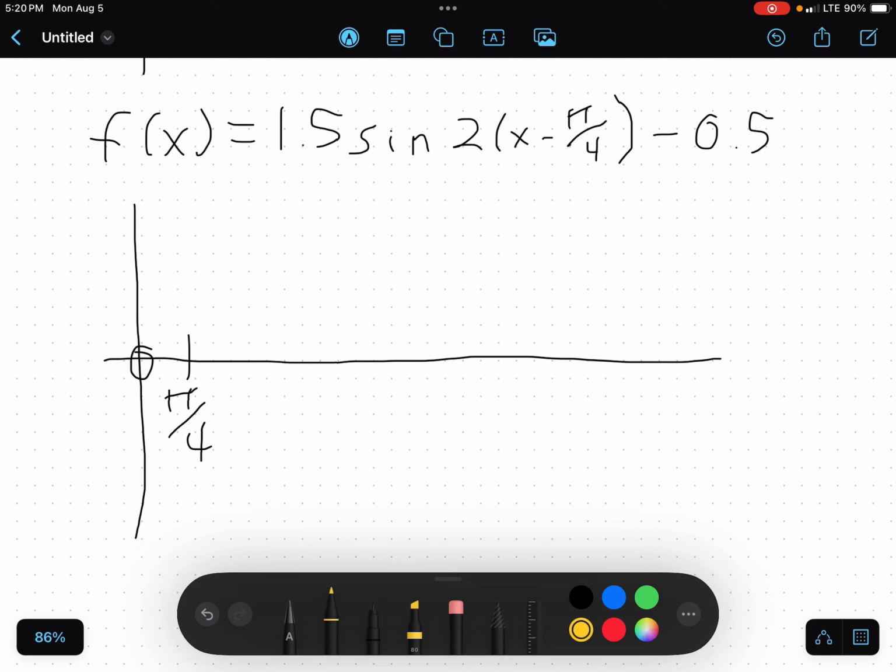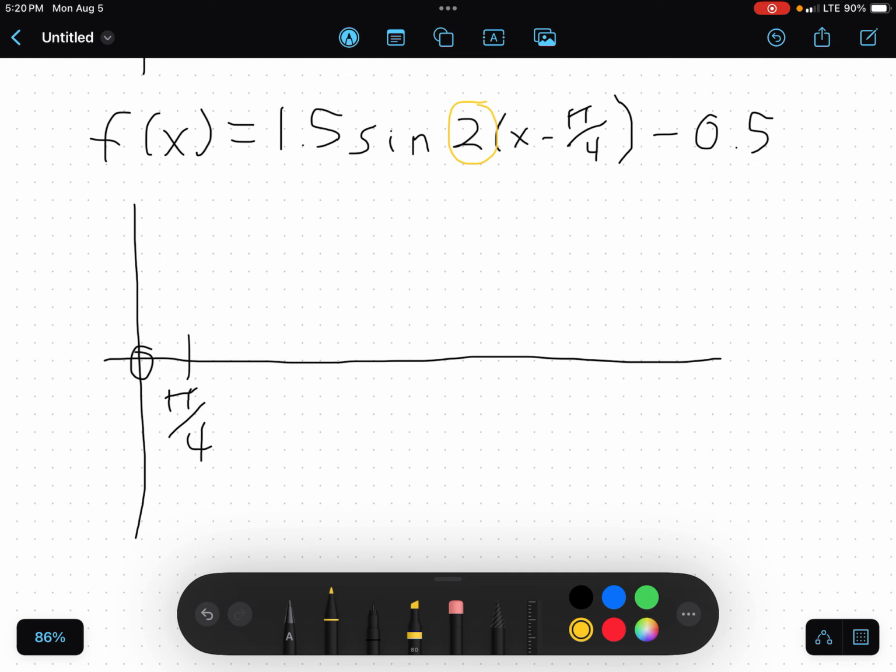The other part of this is our frequency. One good way of looking at this is how many times this sine wave appears over the course from 0 to 2 pi. It's 2, so I should have 2 sine waves.